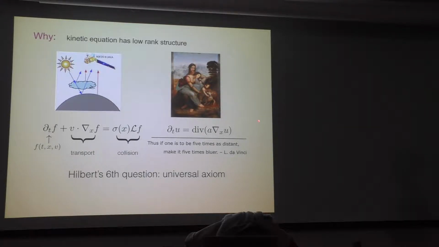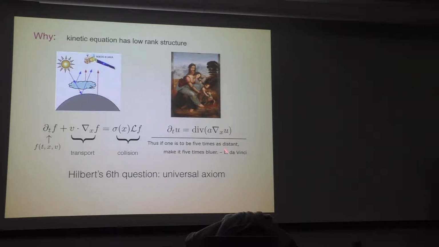Another way to describe the propagation of light was hinted at 500 years ago by Da Vinci. He said, if you move an object 5 times away from you, this object looks 5 times bluer. Sometimes you get asked by kids, why is the sky blue? The answer is the same. In the entire spectrum of visible light, blue light is the light that diffuses the fastest. And when we're talking about diffusion, the mathematical term is the diffusion equation.